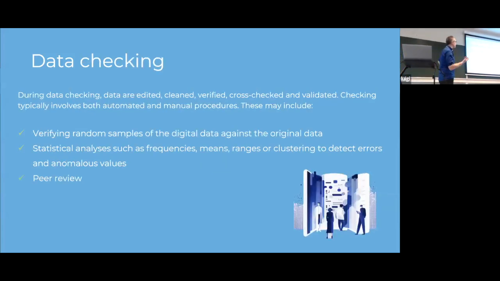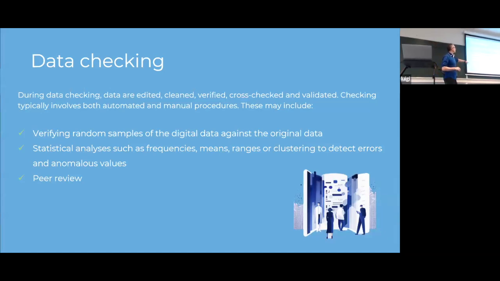When you have your data, it's very important to check a small sample of your data to verify some common mistakes. Run some analysis like frequencies, mean, range, clustering to detect errors or anomalous values, to be sure that the data is correct.